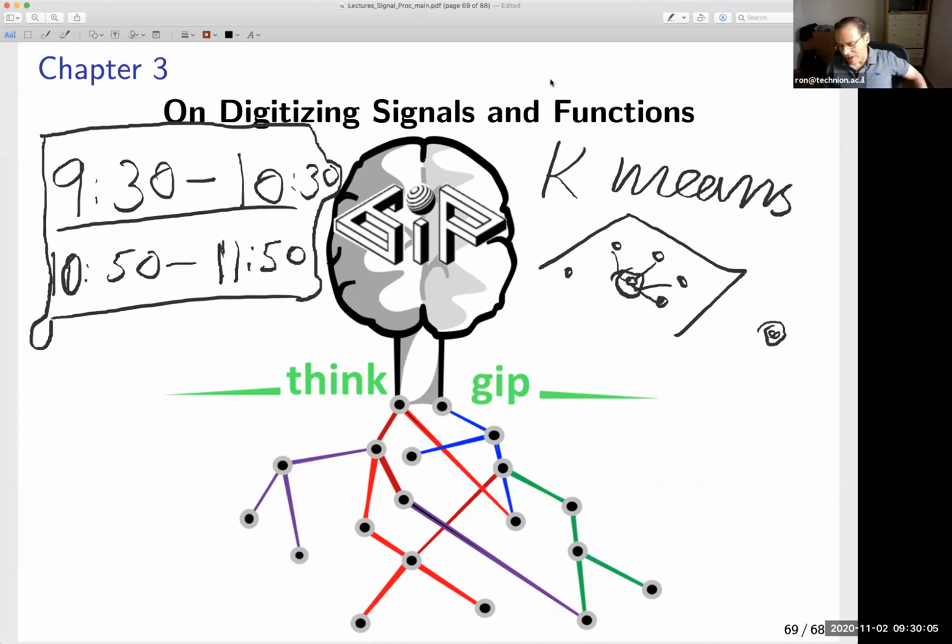I told you that this is probably the most basic, the most trivial way of doing clustering. We also mentioned a relation to an algorithm called Lloyd-Max, which deals with the continuous domain.